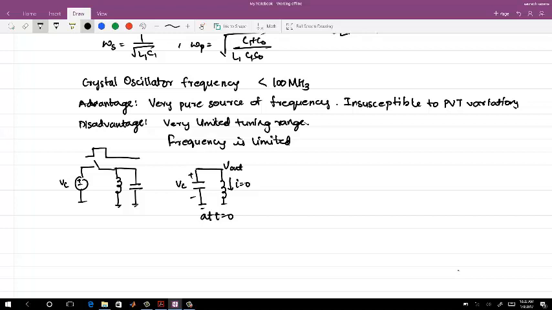The capacitor charge will discharge through the inductor, the inductor will again charge back the capacitor, and you will always have sustained oscillations. And the frequency of the oscillation is equal to 1 by root LC. Means ideally you can do it, right? Any frequency you want, maybe you can get even 10 gigahertz, no problem with that.